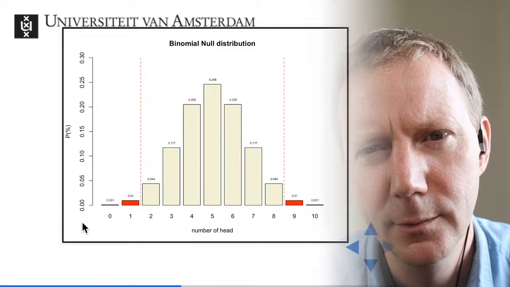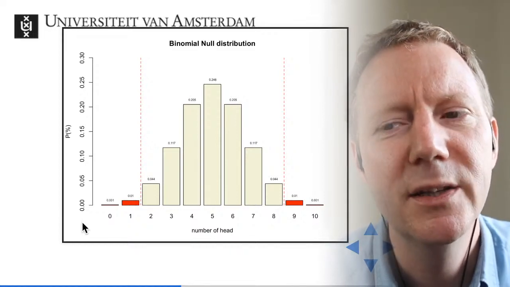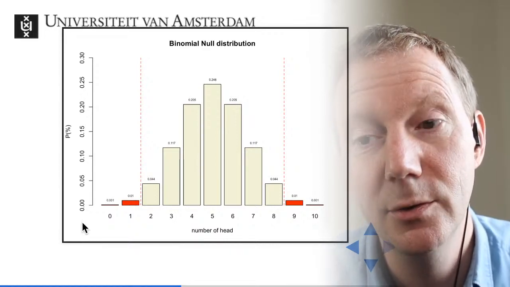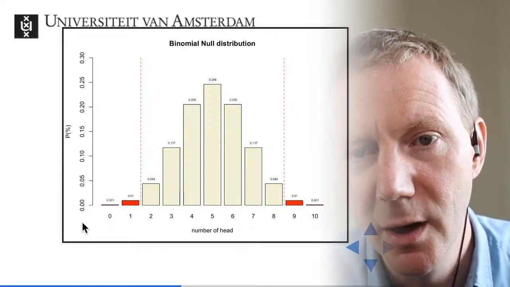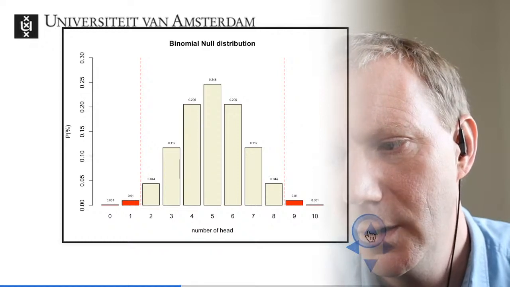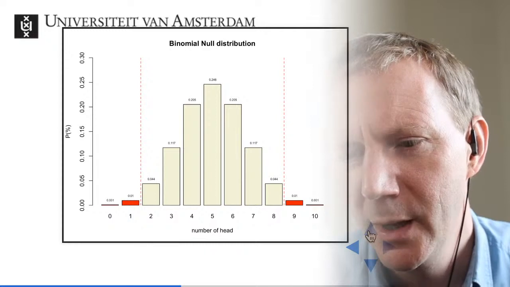By having more flips. Exactly, by increasing formally the sample size. So instead of throwing 10 times, you could throw 20 times and you would have more accuracy, and you could more easily determine what this percentage would be. Very good.